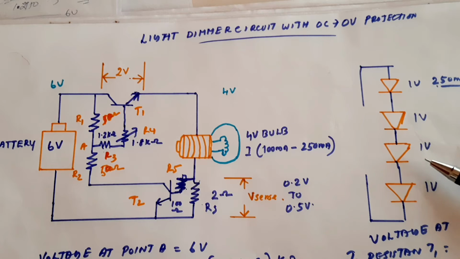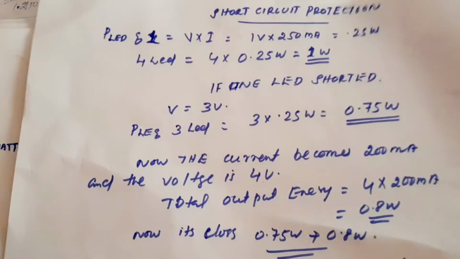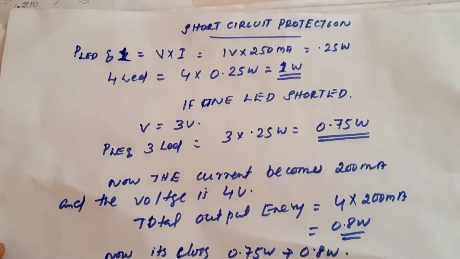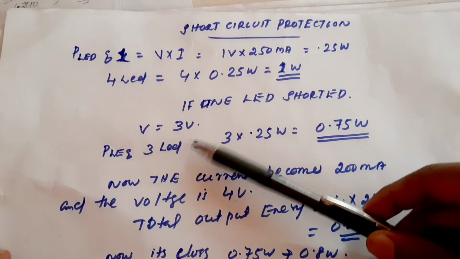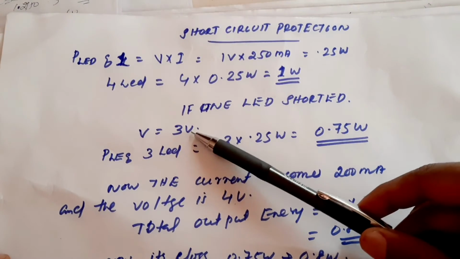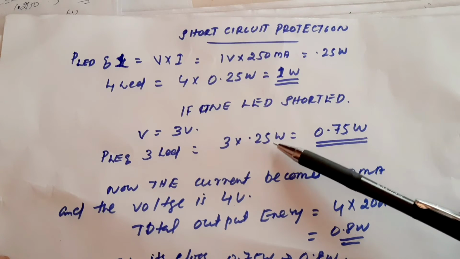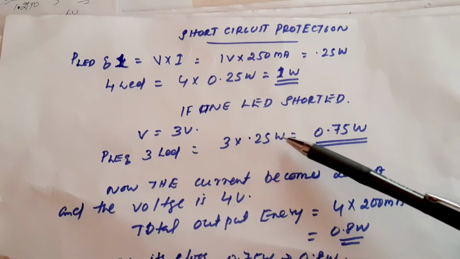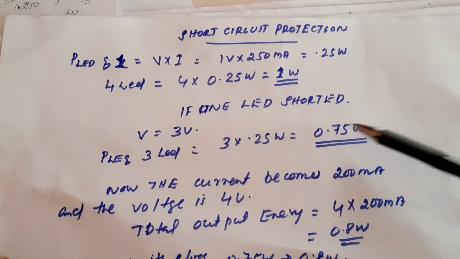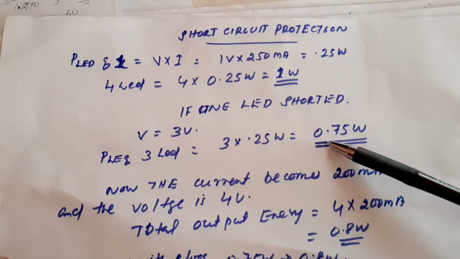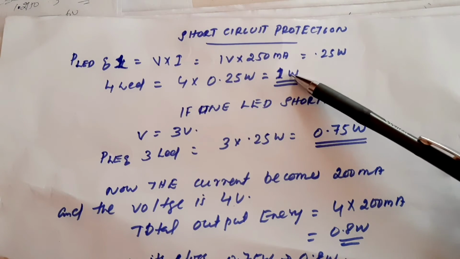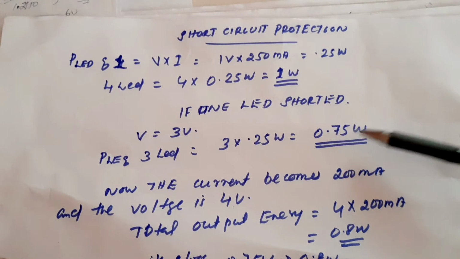If one LED gets shorted, what will be the output power? Then it requires only 3 volt, and 3 into 0.25 watt gives a total of 0.75 watt. Earlier it was 1 watt, now it becomes 0.75 watts.